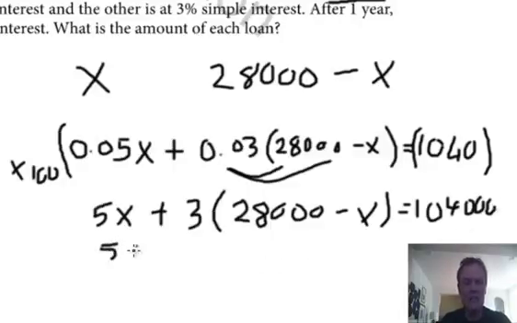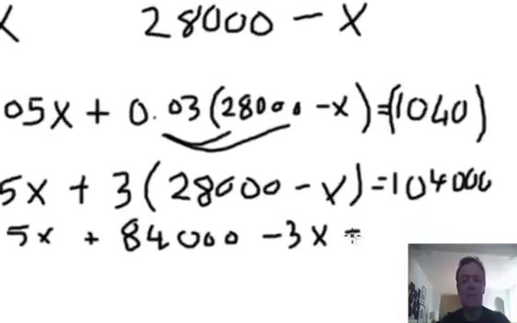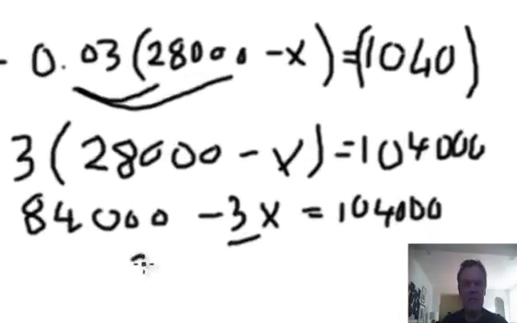Okay, distributive law. 5x plus 3 times 28,000. What's that? 84,000. Minus 3x, just the distributive law, equals 104,000. Now if we combine these 2 together, that's going to give me 2x.